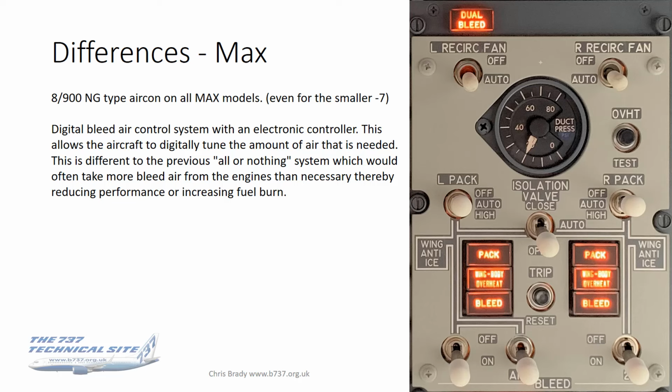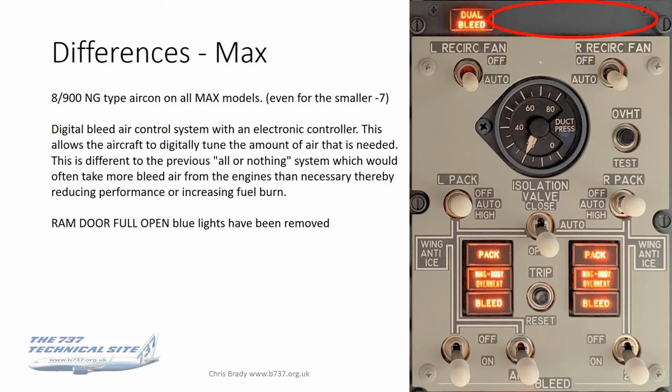The digital bleed air system takes just the amount of bleed air that is required to do whatever job is required of it, and that means it takes by and large less bleed air than it would do. Taking less bleed air means more bleed air for the engines, which increases performance, or another way of looking at it, reduces fuel burn.